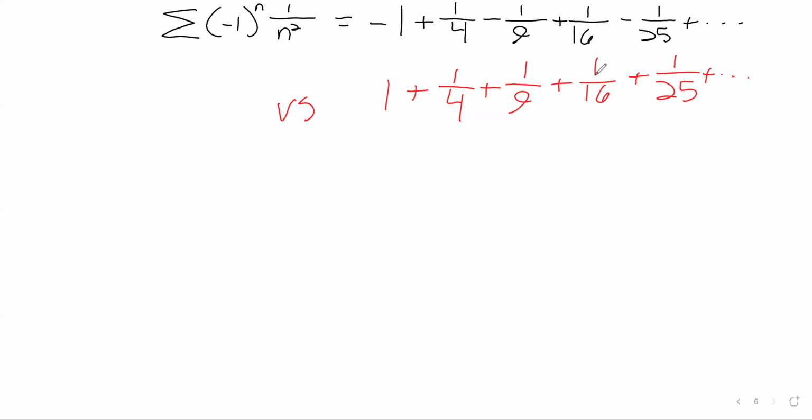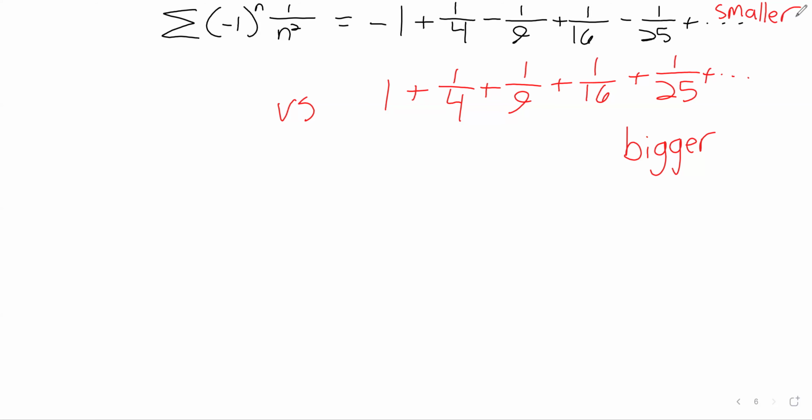Because in this first series, we've got some negative terms and some positive terms, and they're partially canceling each other out. You know, this negative 1/9 is making this 1/4 smaller. Here we don't have any cancellation. This positive 1/9 is making this 1/4 bigger. So this series down here should be bigger. This series up here should be smaller. And now we're basically using the comparison test.